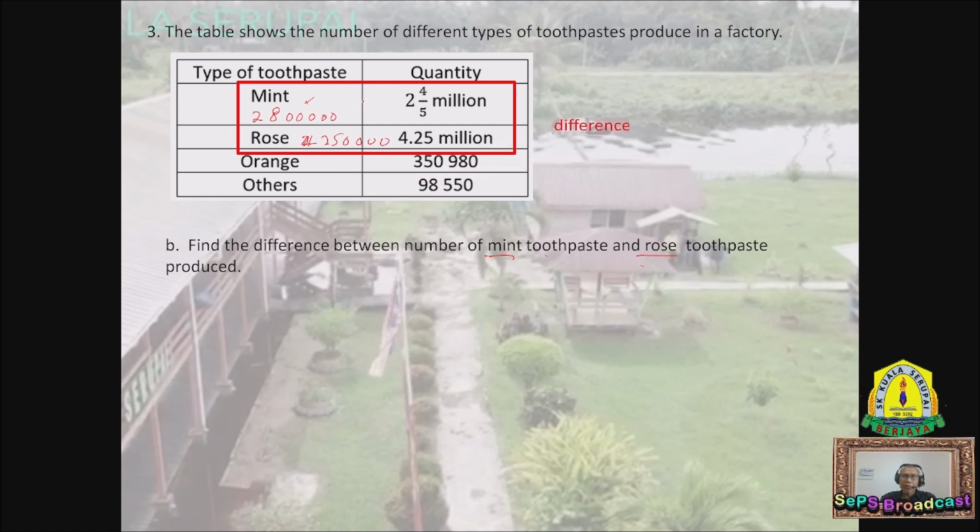What does difference mean? Difference means you have to subtract the rose and the mint. Which one is the bigger number? Be very careful with this one. Sometimes my students get confused and write this one on the top. No, the bigger number must always be on the top. So your first calculation, this one is 4,250,000, and then you have to write the smaller number down here.